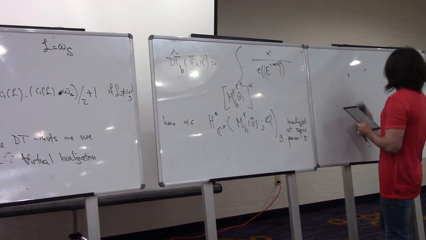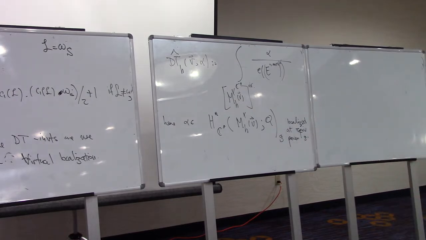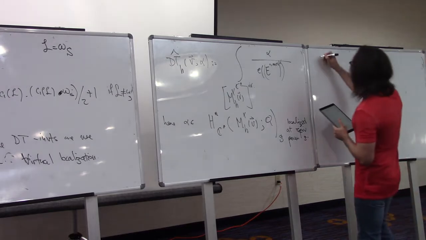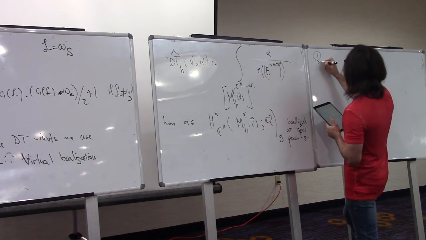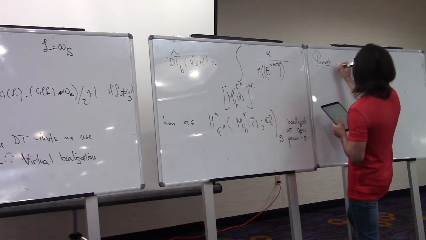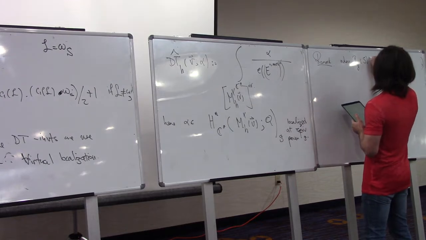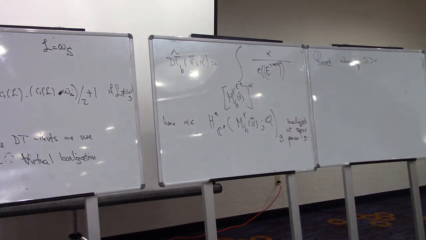Okay, so here is a fact, here's a remark. When the arithmetic genus of the surface is bigger than 0, our invariants vanish.